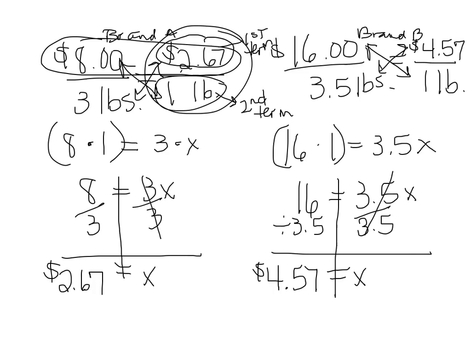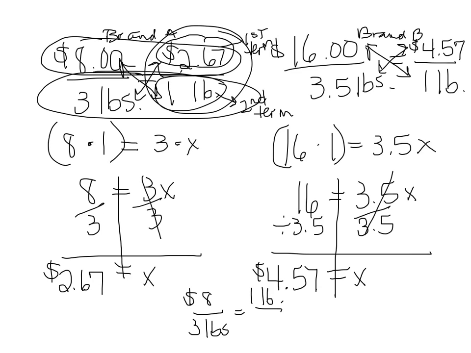In this case, your units across the top are dollars, and your units across the bottom must be pounds, and they must line up. Because if you wrote it like this, $8 to 3 pounds, and then you're solving for 1 pound up here over x, are you going to get an accurate and correct answer? No, because you don't have your units lined up the proper way.